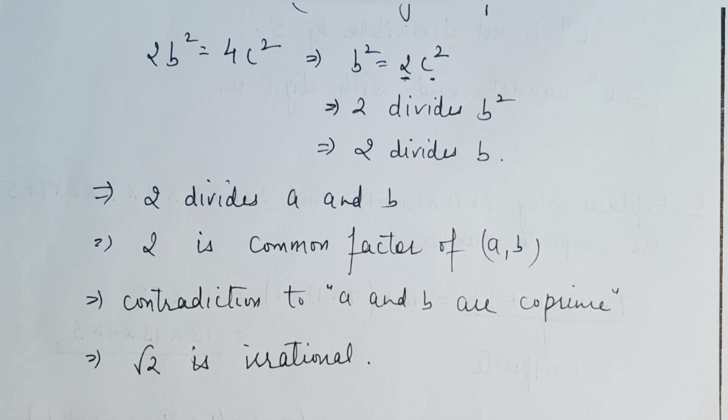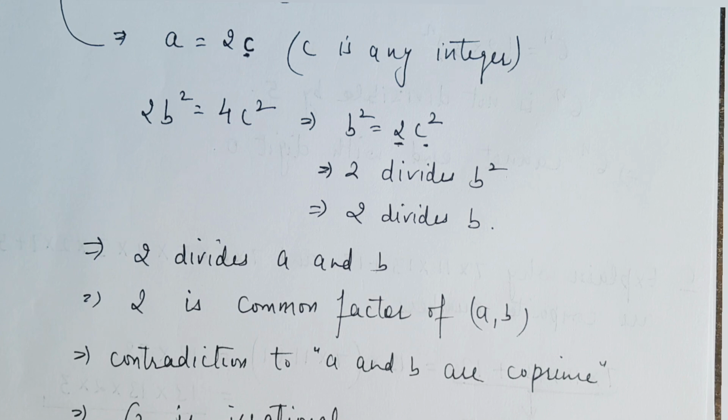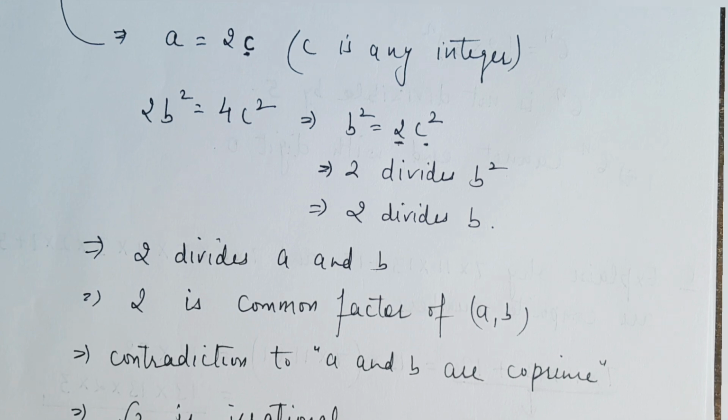Okay, so similarly we can prove the irrationality of any number. Similarly you can prove the irrationality of root 3 also. Now in class 9th we have done 2-3 results regarding the algebra of rational and irrational numbers.